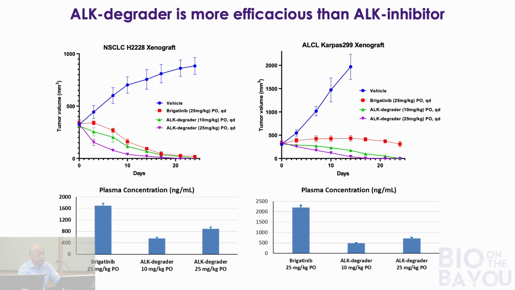In the Karpas 299 xenograft, which is the ALCL model, we see the same thing. The ALK degrader is more effective in regressing the tumor.